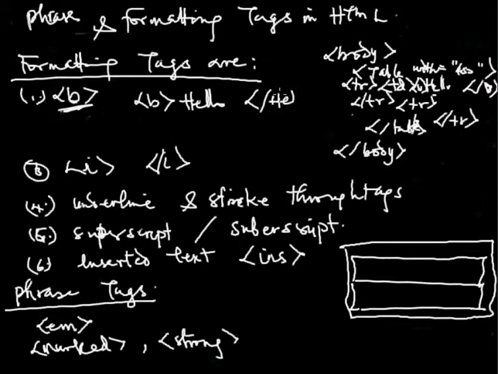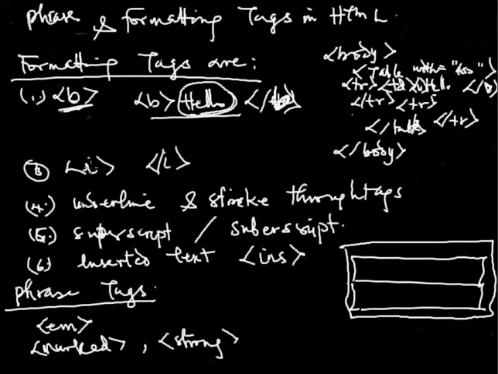You close the B. What this does is that it makes it look like a capital letter. It emphasizes it by deepening the texture of hello compared to the other things that you're going to be writing.